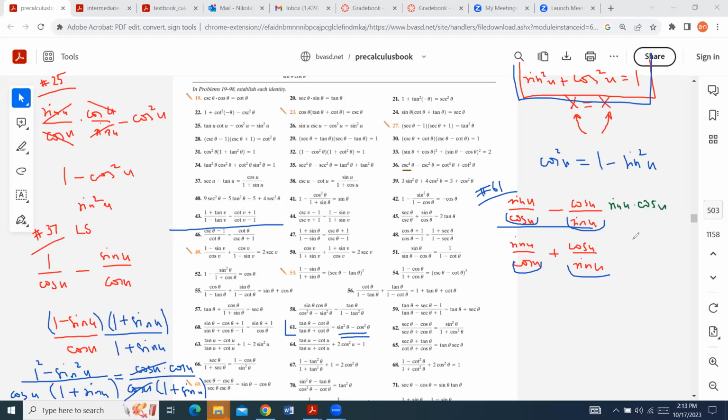And I have to multiply the top and the bottom of this fraction by that. This way, my denominators will cancel. And of course, in order to cancel those denominators, I must distribute. I must also multiply first terms by this product because I distributed over both pieces of my difference.